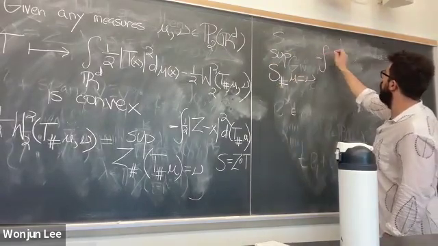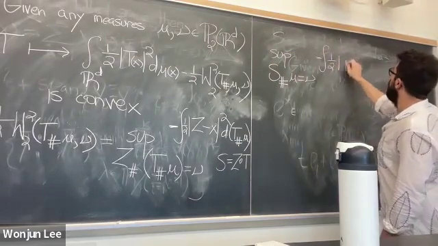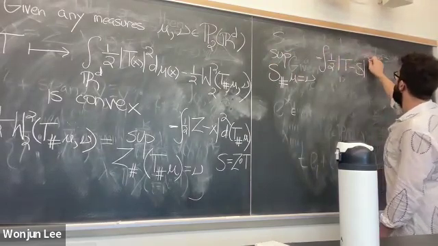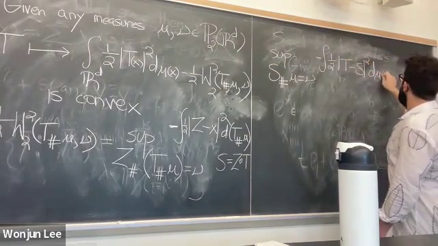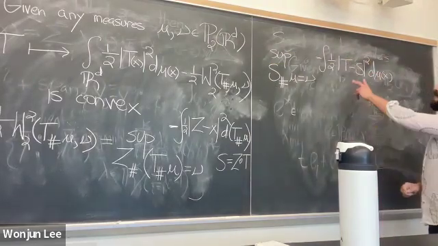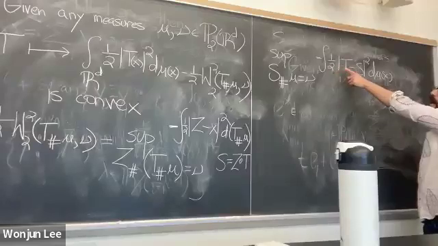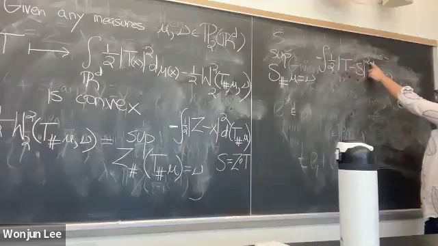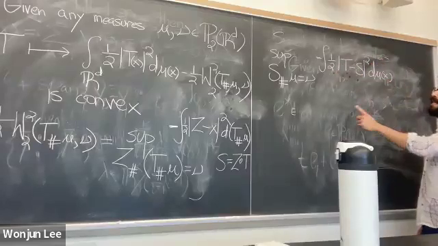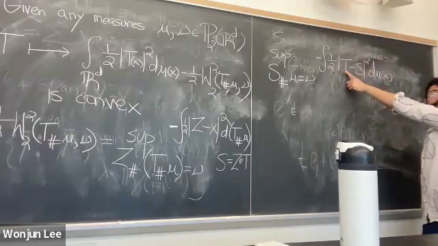And I have negative 1/2 T minus S squared d mu of X. So I expand out this square, I'm going to get a negative 1/2 T squared. And then I'm going to have a term that is linear with respect to T.